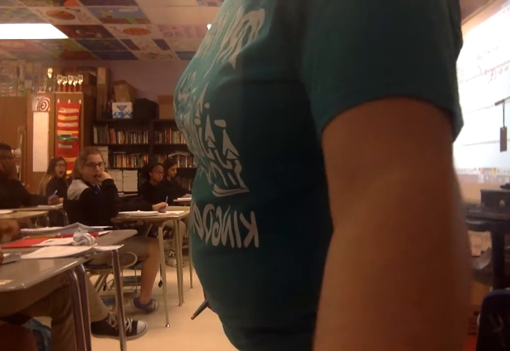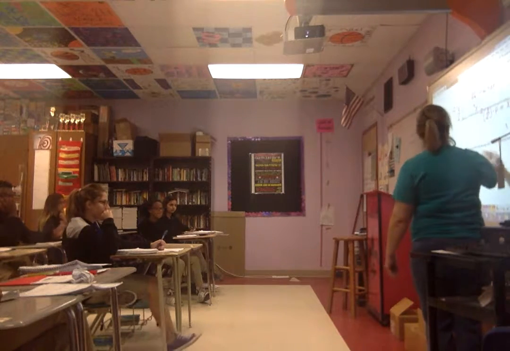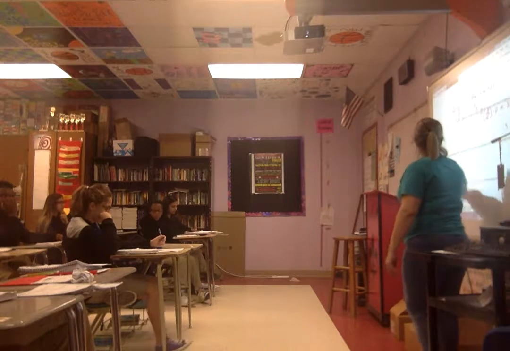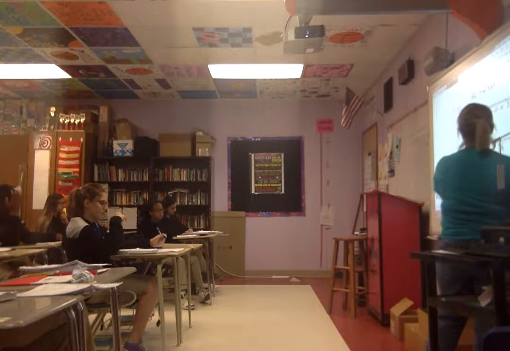So now if I look at number 3, Stephen has some money. If he spends $9, he will have 3/5 of the amount he started with. He has some money.